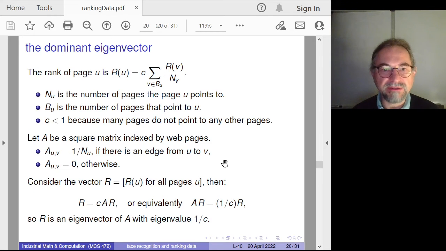You can rewrite this a little bit and say that the PageRank vector is an eigenvector of the adjacency matrix. Not quite the adjacency matrix, but a weighted adjacency matrix, weighted with the number of nodes.